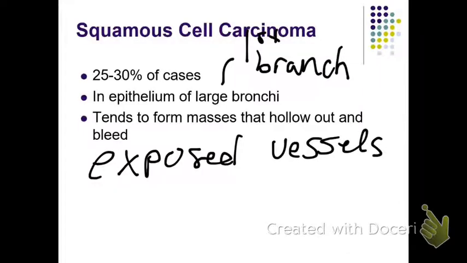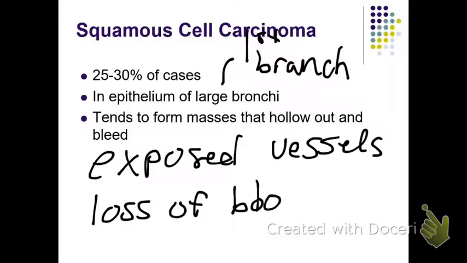And so if you have extra fluid within the bronchi, you first suffer from loss of blood, but then you also have fluid that shouldn't be in there, and you have a greater chance of pneumonia and other respiratory infections.